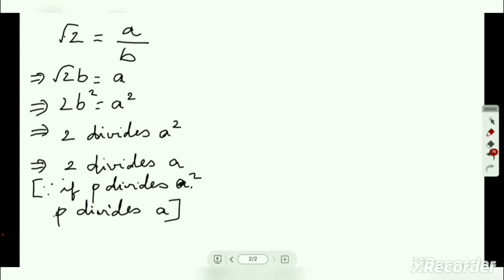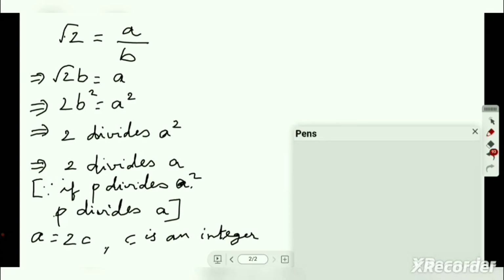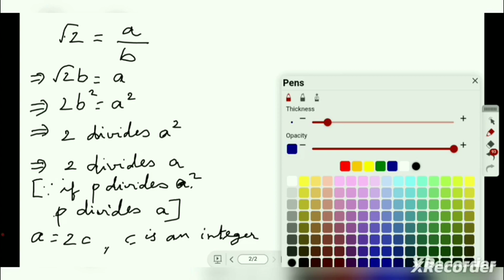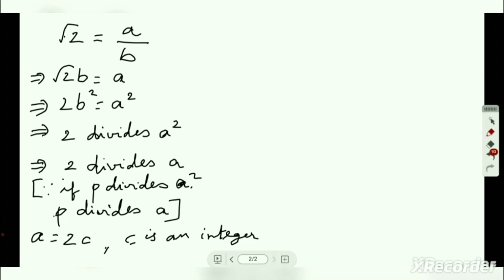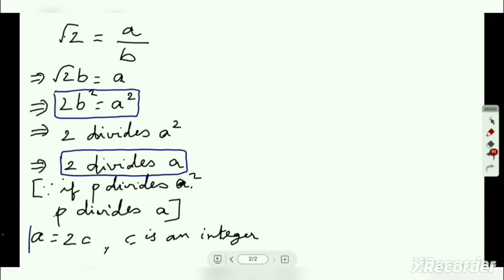Now if 2 divides a, how can a be written? A can be written in the form of 2c, for some integer c. So what did we get? We got that 2 divides a, 2b square is equal to a square, and a is equal to 2c. Let me write it as equation 1.